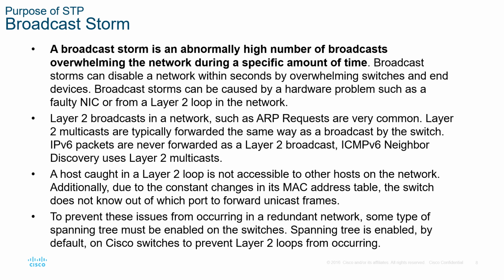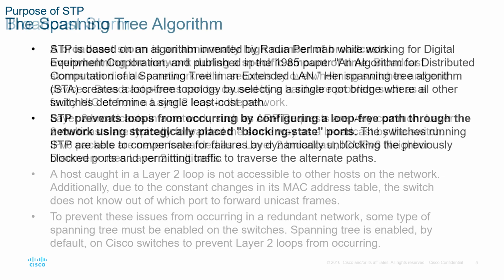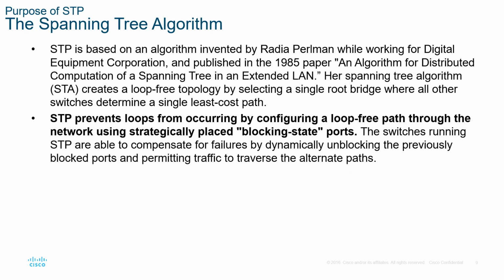So basically, you won't even need to enable STP on a Cisco switch, because it is enabled by default to prevent layer 2 looping. STP is actually based on an algorithm which was created in 1985.